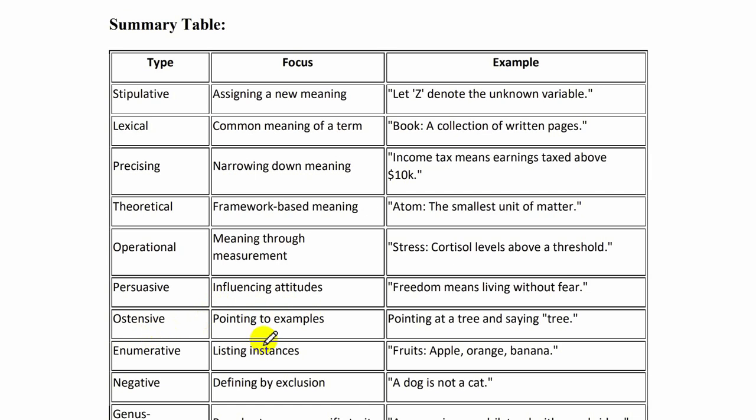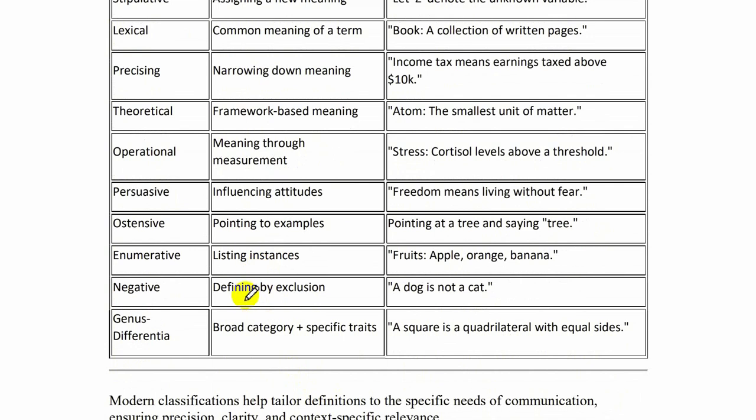Ostensive points to examples, like this is a cat, or pointing at a tree and saying tree. You can look at examples along with the focus. Negative definition focuses on defining by exclusion, what it is not. Enumerative focuses on listing of instances from a larger group. Genus-differentia is broad category plus specific trait. A square is a quadrilateral with equal sides.